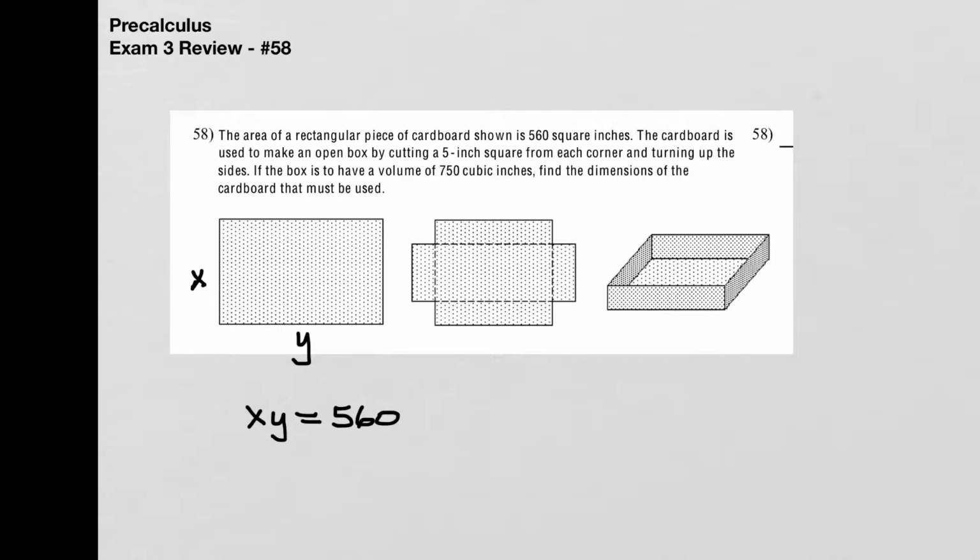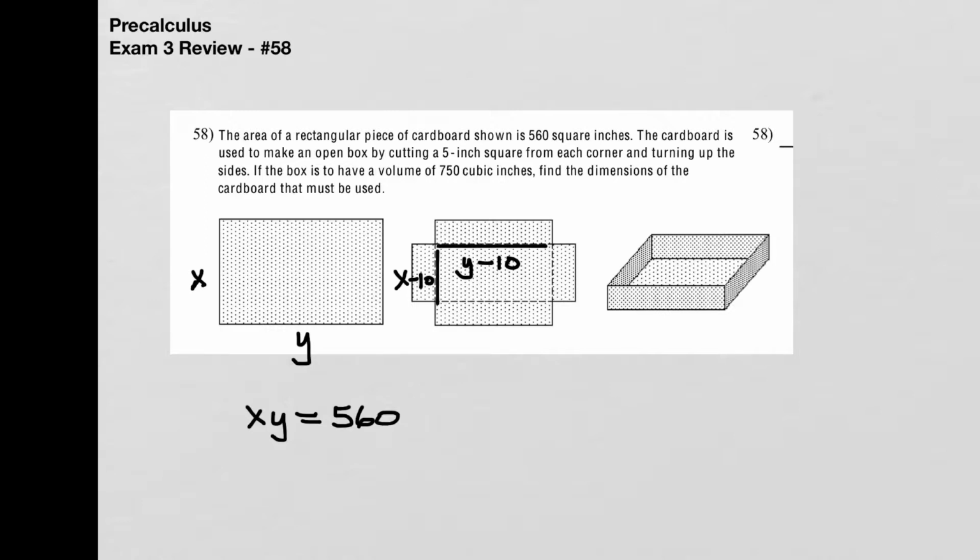And then we're going to cut a 5-inch square from each corner and turn up the sides, and that will create a box with a volume of 750 cubic inches. So now I know that my sides are going to be y minus 10 and x minus 10, because we've taken 5 inches off of each end, so total of 10 inches.